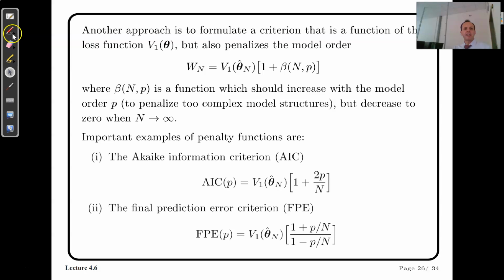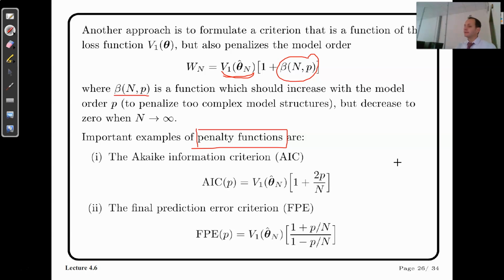This function is a function of V1, linked to the prediction error, and there is a factor which penalizes the model order. This factor should increase when the model order increases, but should decrease to 0 when the number of data tends to infinity. In the literature, we have different examples of penalty functions.